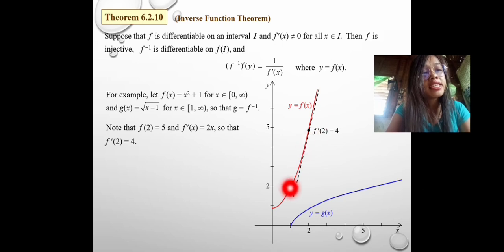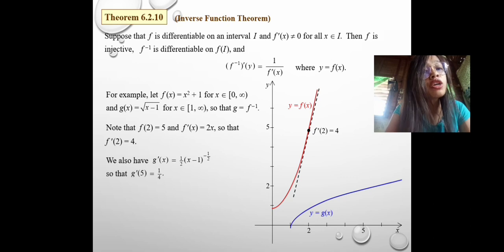Yes, that is equal to 4. We also have g'(x) equal to 1/2 multiplied by (x minus 1) to the power of negative 1/2, so that g'(5) is equal to 1/4.